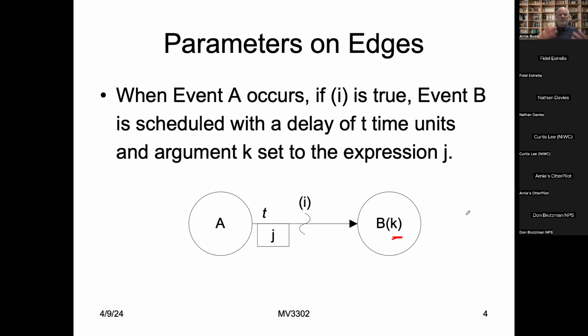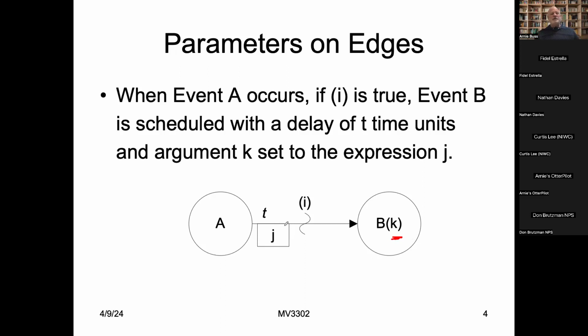Think metaphorically like a method. A method could have 0, 1, 2, 3, as many arguments as you want. So this could be a single argument, or it could be a list of arguments, whatever it is. So within event graphs, we can define that.